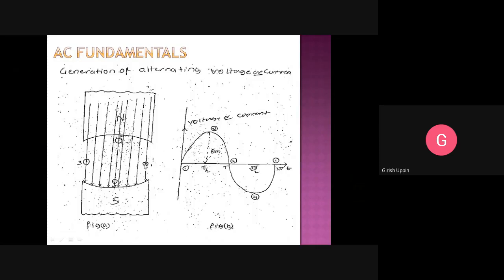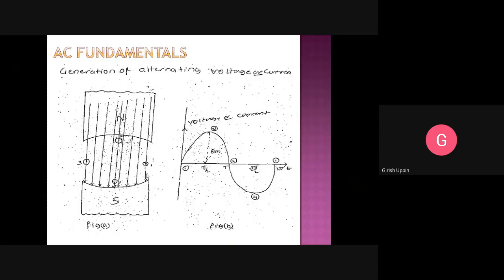Initially assume that we have placed the conductor in position number 1, and from position 1 we will start rotating the conductor towards position number 2. At position number 1, this is the direction of motion and this is the direction of the flux. The angle between them is 0.